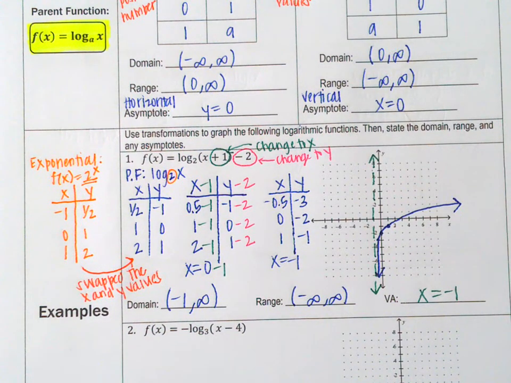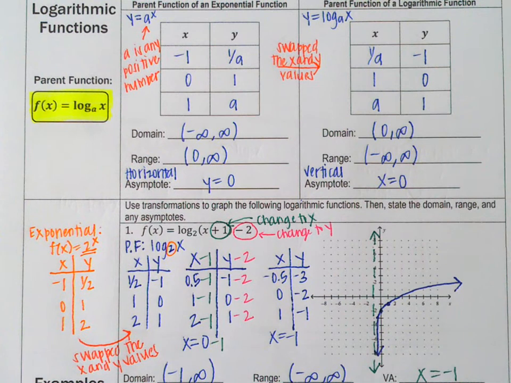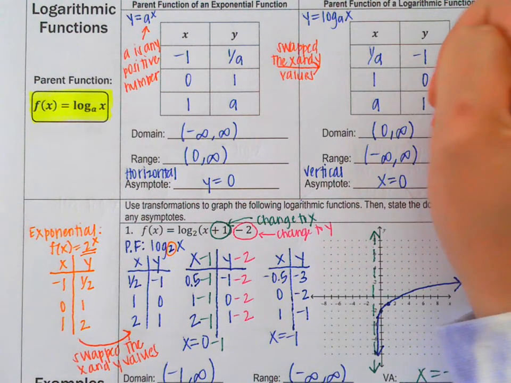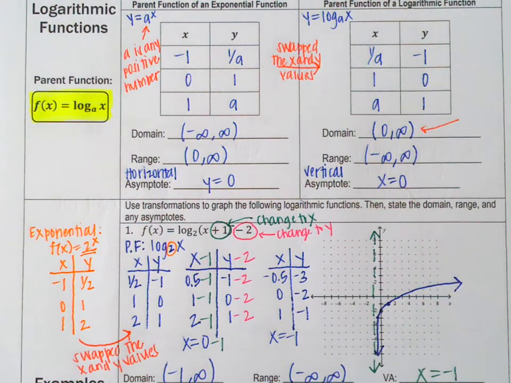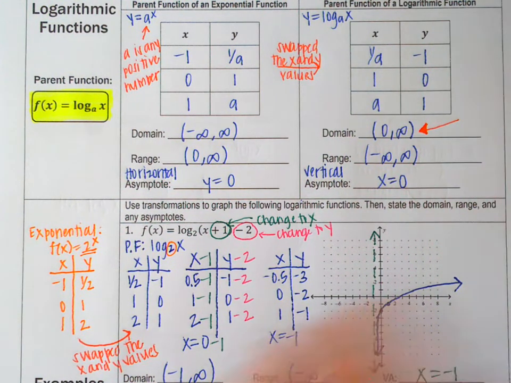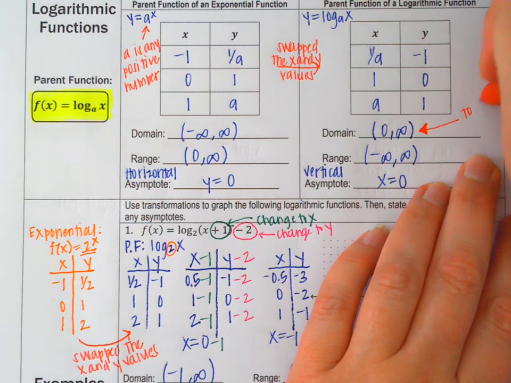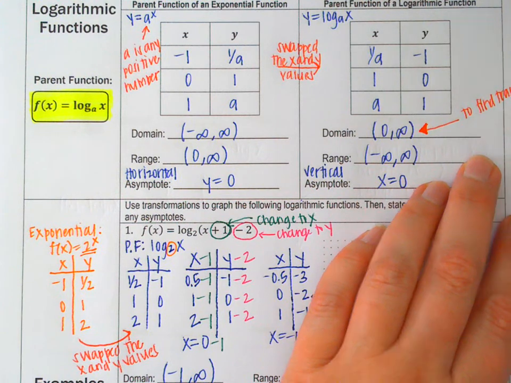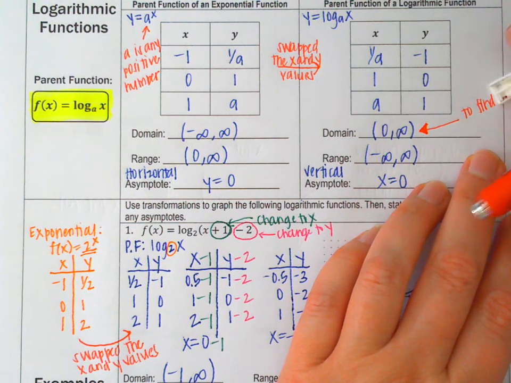Now, a trick with domain. A little trick is you can find the domain by setting the argument greater than 0. Because we know the parent function is always going to be 0 to infinity. I should say this better.